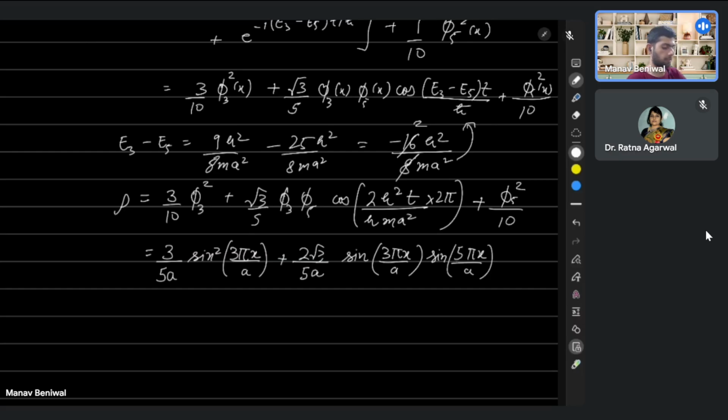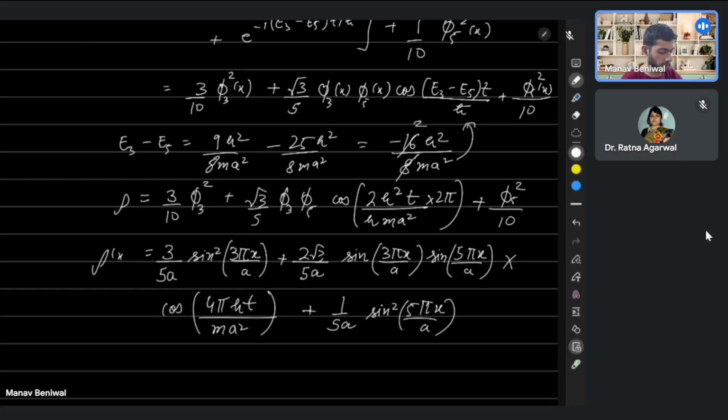So this is phi 3 and phi 5 multiplied, but there is also one cosine term multiplied with this, which is just cos of 4 pi h t over m a squared, and lastly 1 over 5a sine squared 5 pi x over a.